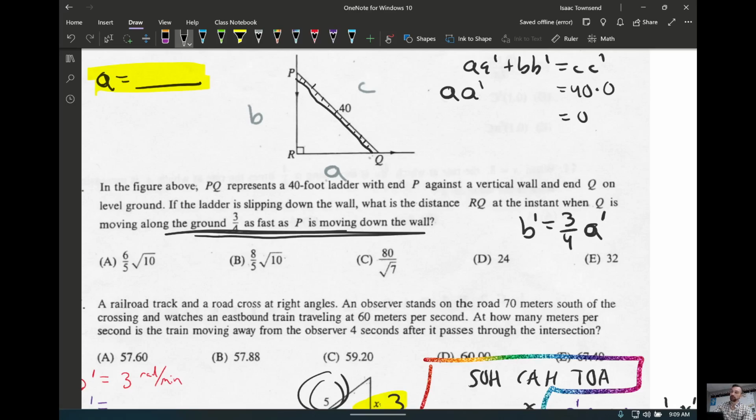I did this one yesterday and I'm already forgetting some of it. B, I don't know B, but instead of saying B prime, I could use this statement and change B prime into 3/4 of an A prime. That removes one of the things I wasn't going to know anyway.